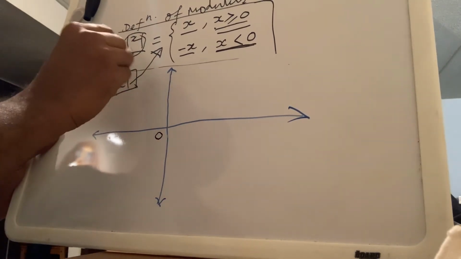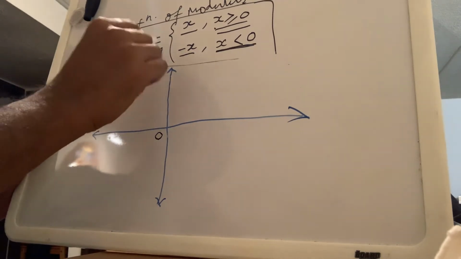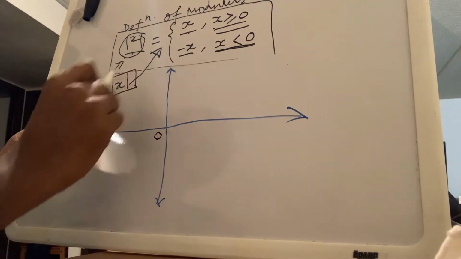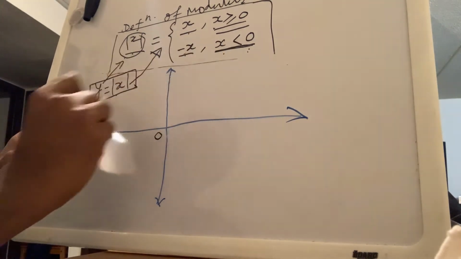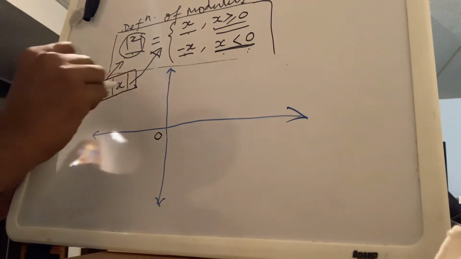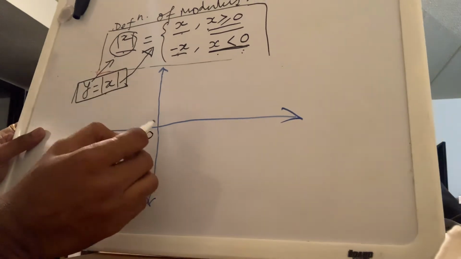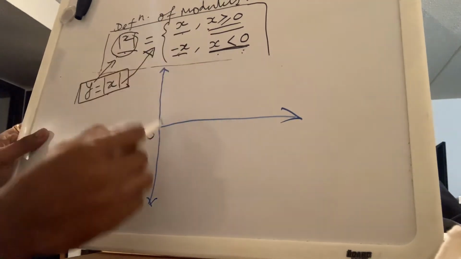This modulus of x is y. So y is equal to x when x is greater than or equal to 0. Y is equal to minus x when x is less than 0, where y is equal to modulus of x.